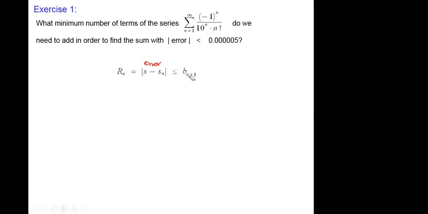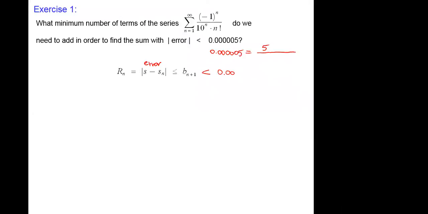We know the theorem: my approximation error must be less than 0.000005.